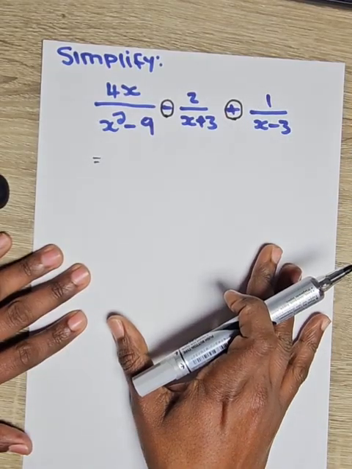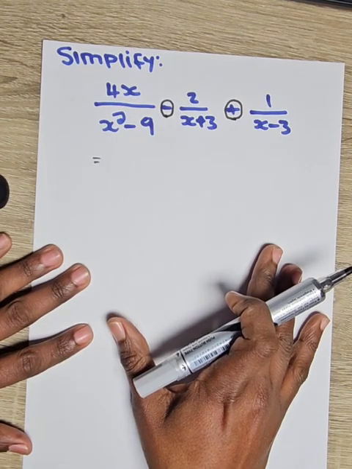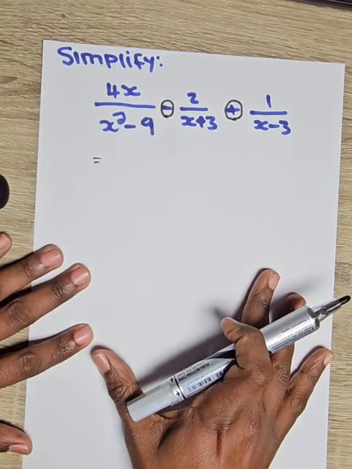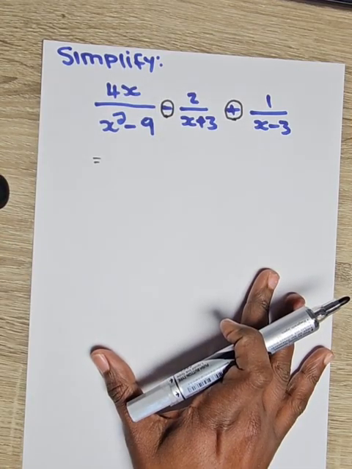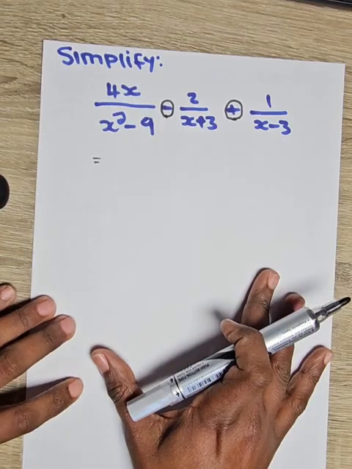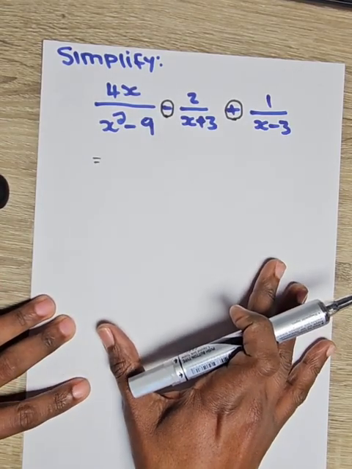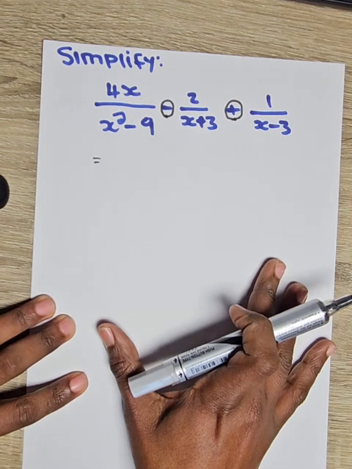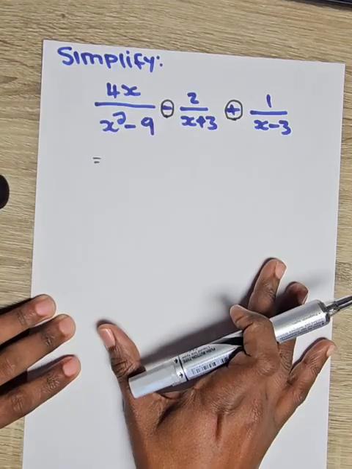When we have algebraic fractions with these operations, we must always have the same denominator, and also one term over one term. So we are going to start first to simplify in order to make everything one term over one term.